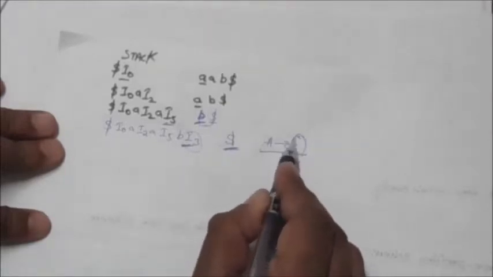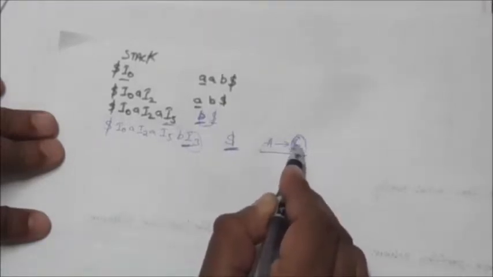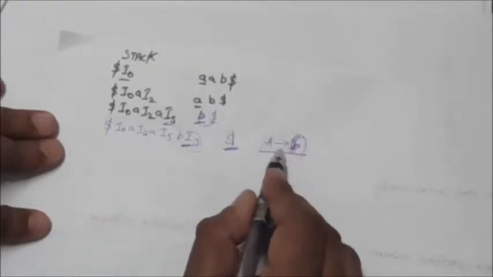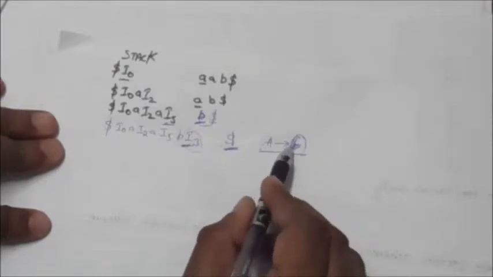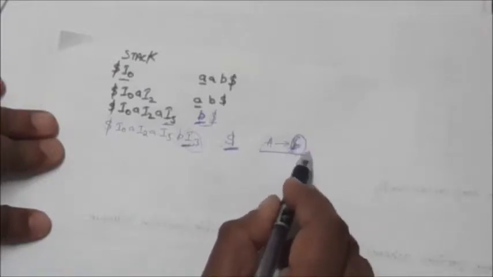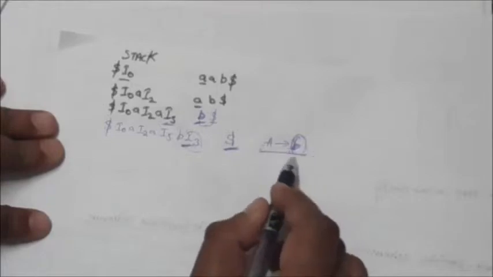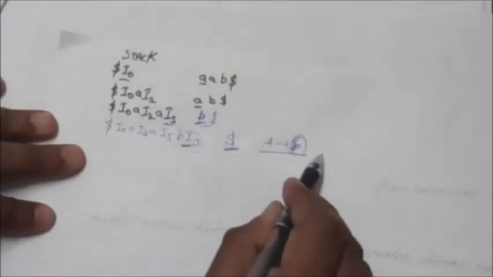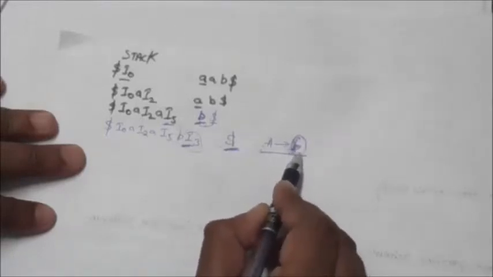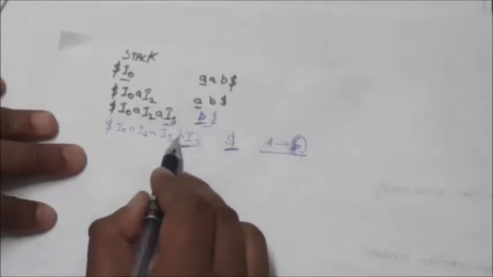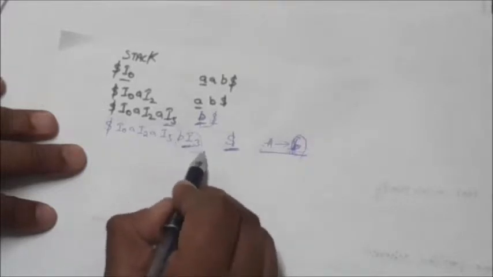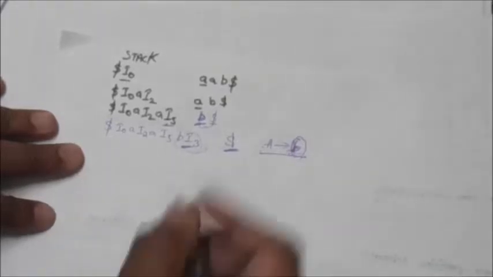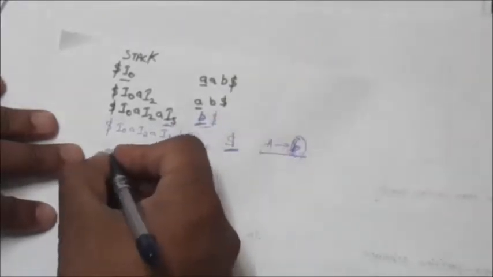So what we do when we perform a reduction is, whatever the number of symbols at the right of the production rule, double that number we will pop from the stack. Here we have only one symbol at the right of the production rule, so from the stack we will pop two symbols.